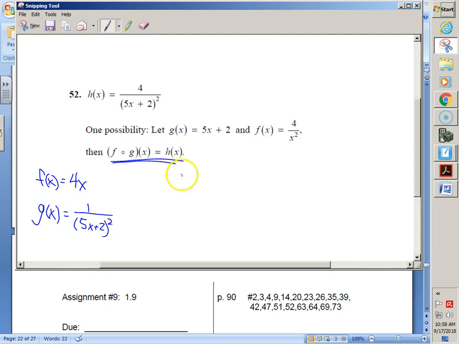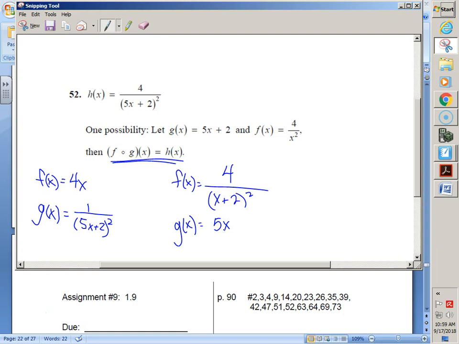You could do something like 4 over x plus 2 squared. Can anybody figure out how that could be this function? 5x. So the 5x could have gotten plugged into that spot, and that would work.